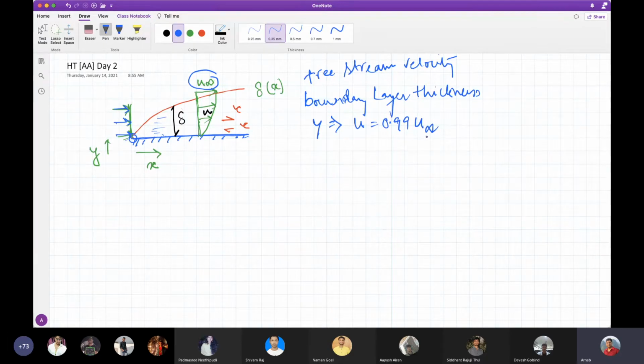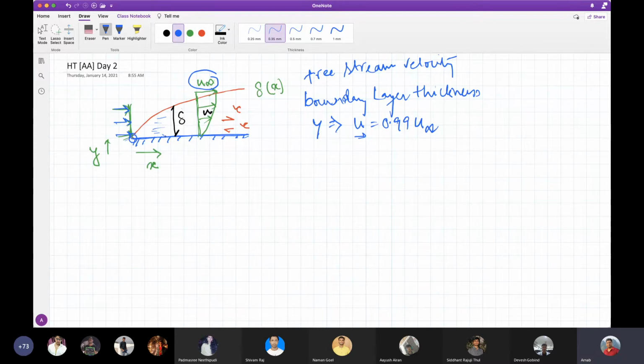So when the velocity within the boundary layer attains 99% of the free stream velocity, that is the typical thickness of the boundary layer from the surface.